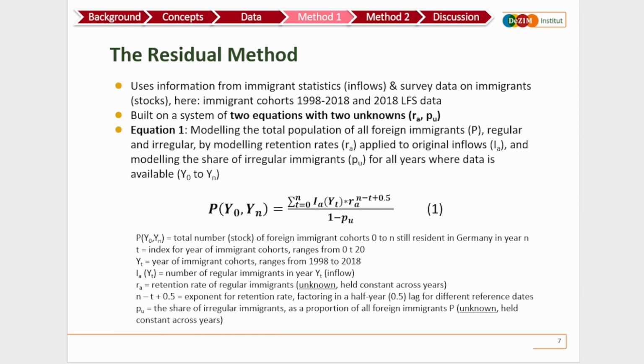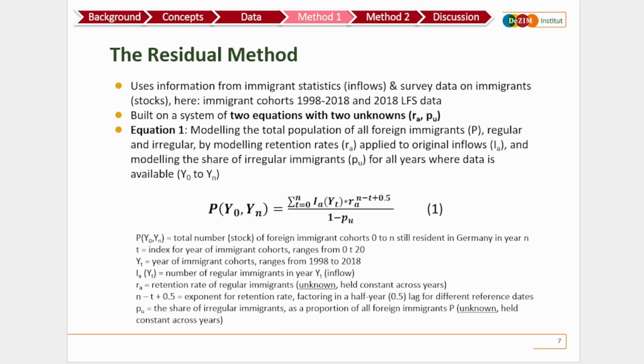That is IA, the inflows of authorized immigrants that is known for any particular year, multiplied by a retention rate that is modeled, annual retention rate, because there's, of course, outflows and deaths of immigrants, and summed up over the period of years, and then divided by 1 minus PU, which is the unknown, one of the two unknowns, and then the estimate for the share of irregular migrants.